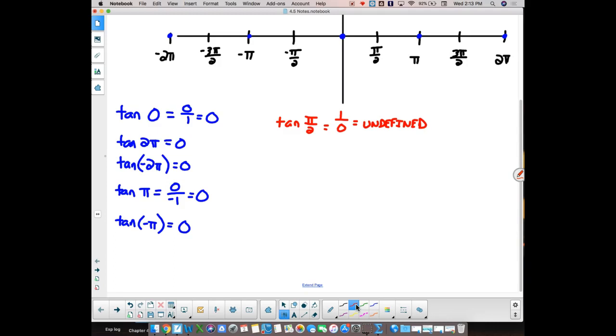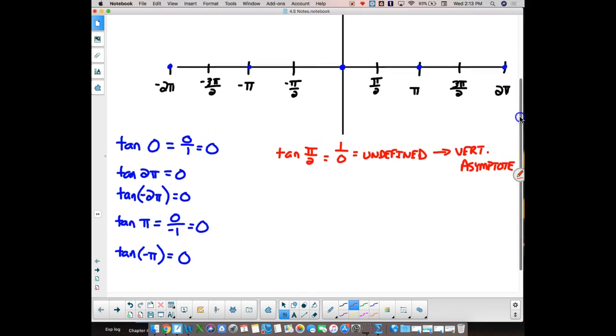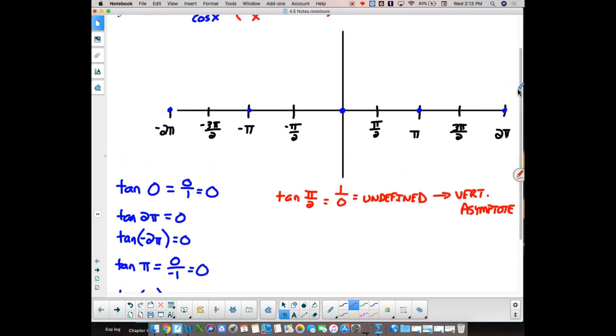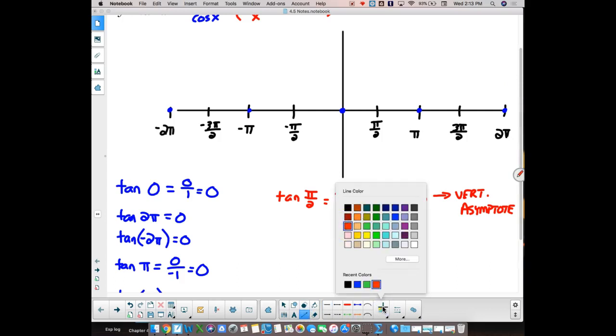Vertical asymptotes. Yep. Vertical asymptotes go on dashed onto our graph. And we just happen to have one at pi over 2.